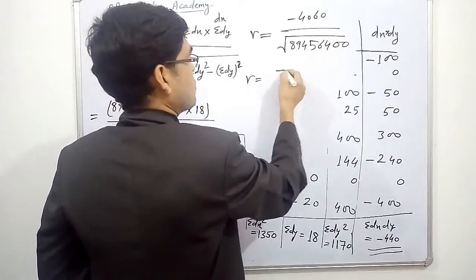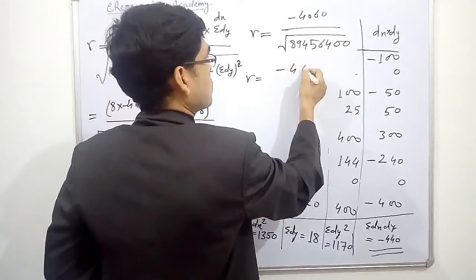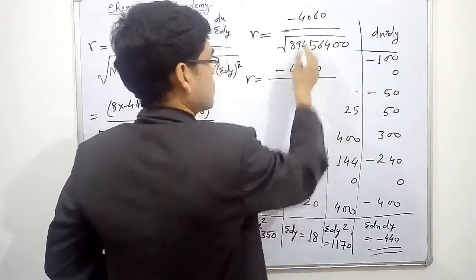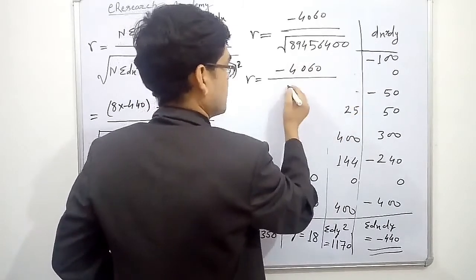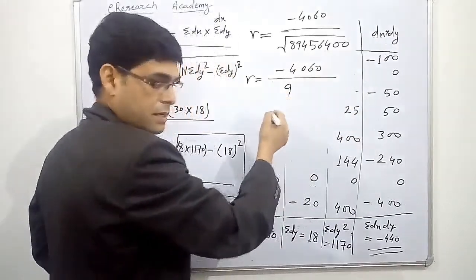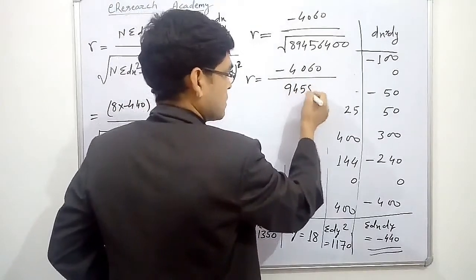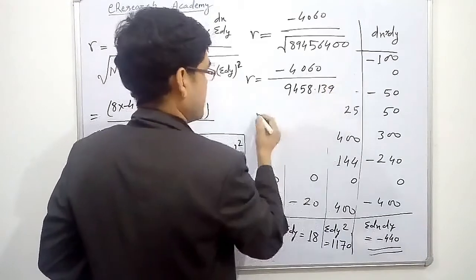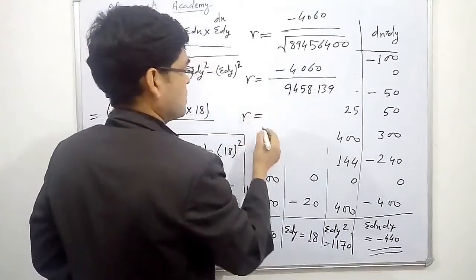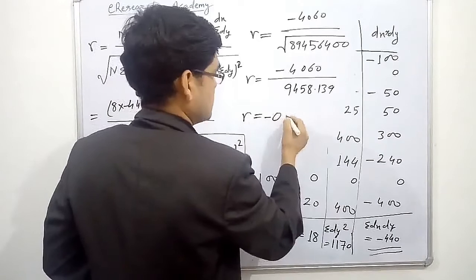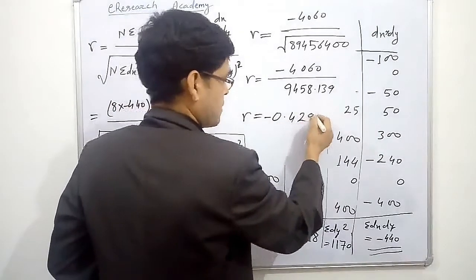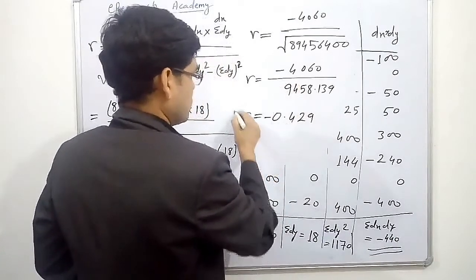Then our correlation value becomes 4060 upon the square root of this, which is 9458.139. Our correlation value becomes minus 0.429. Okay, so this is our answer.